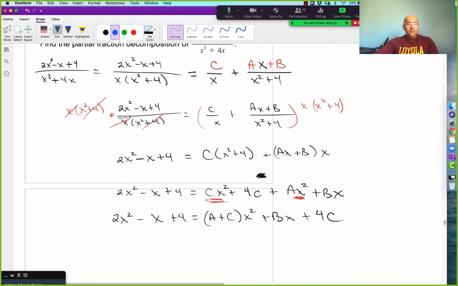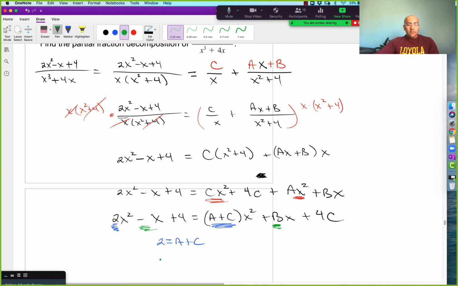So then that's when I group them up. It must be true that 2 equals a plus c, because they're both the numbers in front of the x squared term. It must be true that b is equal to -1, since it's the only one that has a term of x to the power of 1.